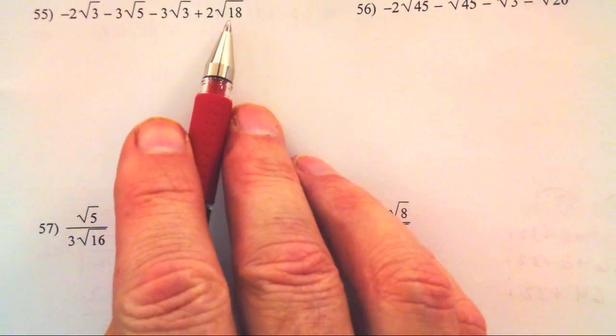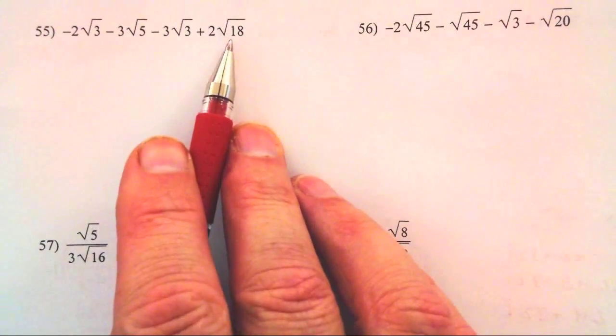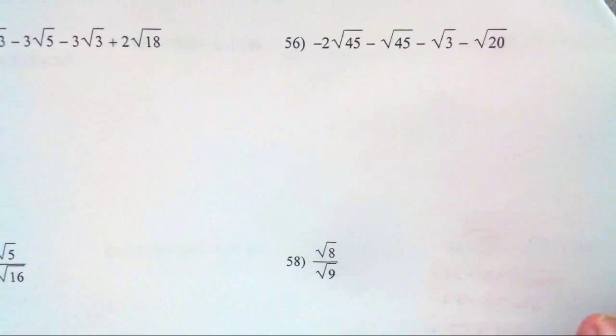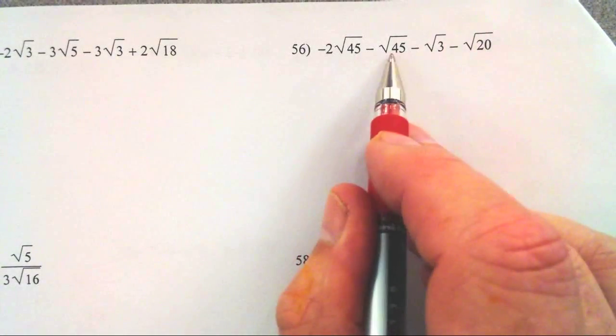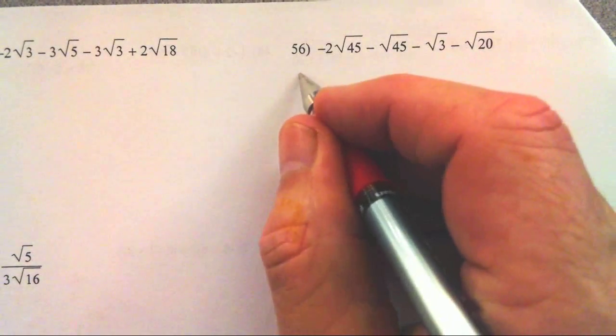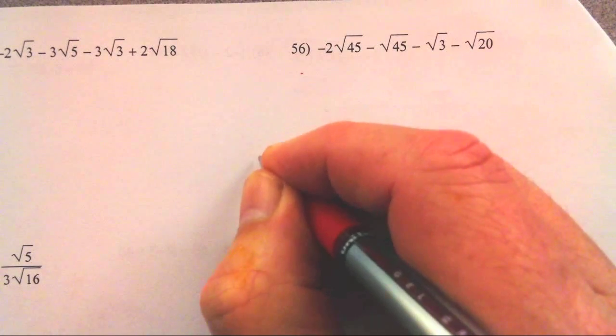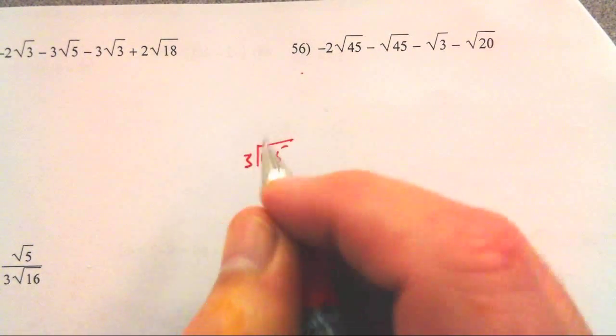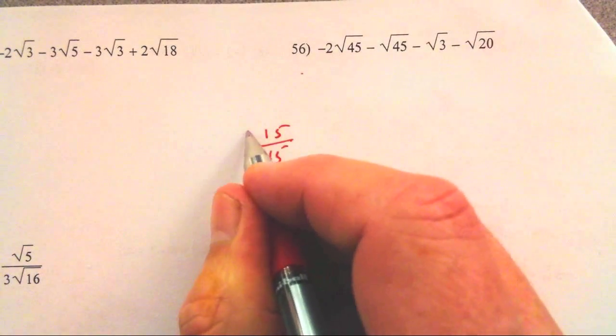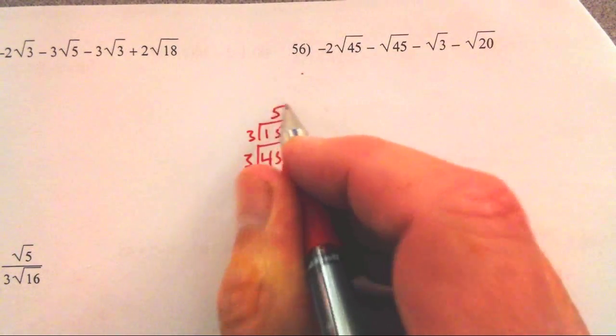I want to look at a problem where we might be able to do some jailbreaking, and I noticed in this problem, well, here's one, 18. We can do some jailbreaking in 18. I'm going to leave that one for you because there's a little bit more jailbreaking done over here. I might combine these first, but I'm going to take a look at square root of 45. 45 in a factor pyramid. 2 doesn't divide it, but 3 does. 3 goes in 15 times, and 3 goes in again 5 times.